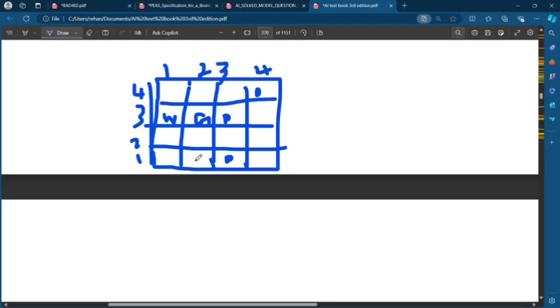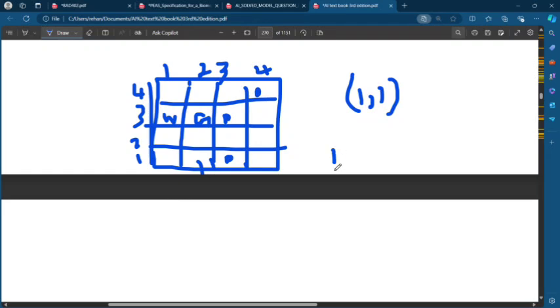So they are saying that the pit is not there. Let us assume that the Wumpus world diagram is like this. 1 comma 1 is the starting location from the given diagram.